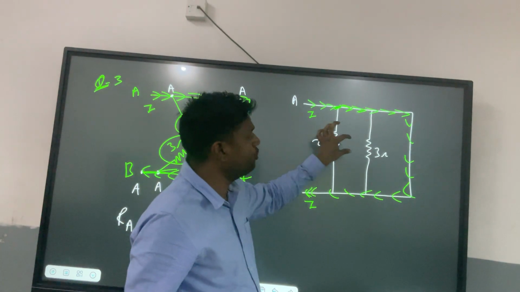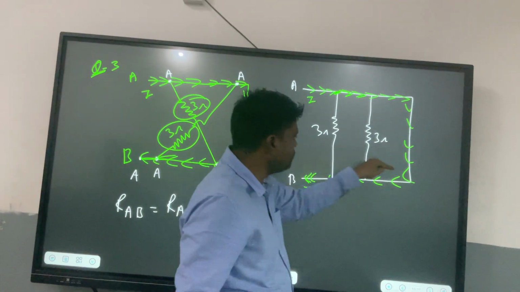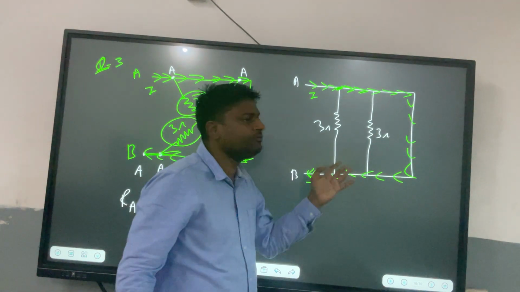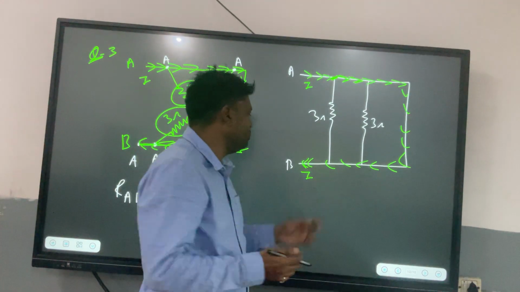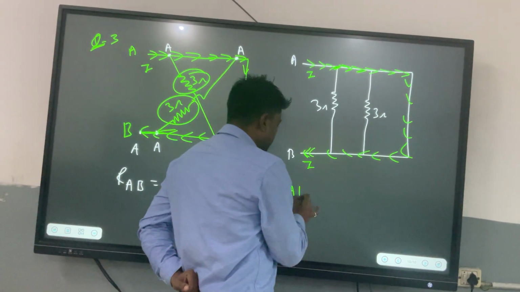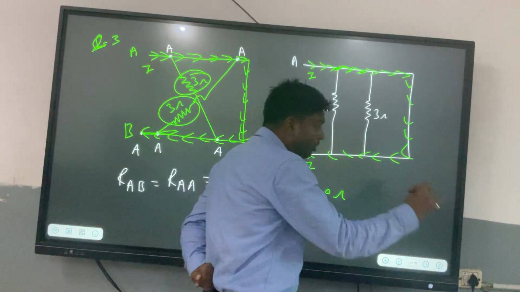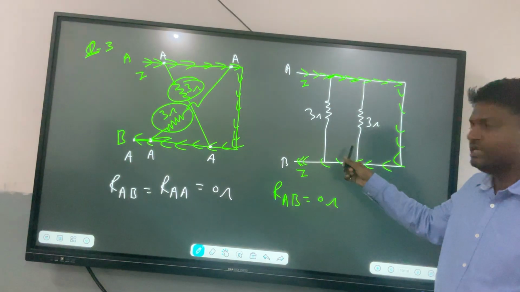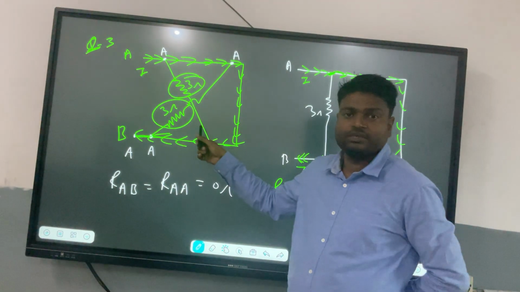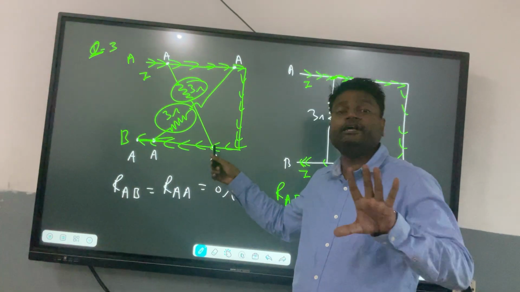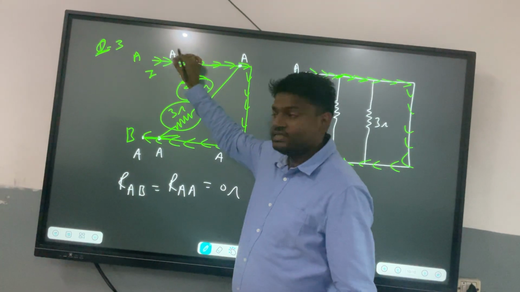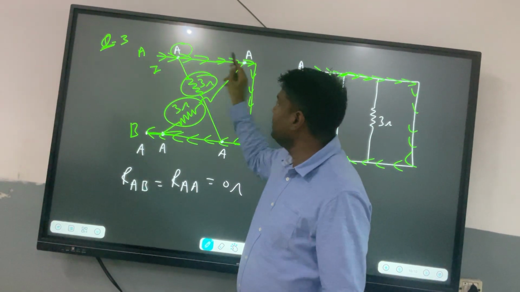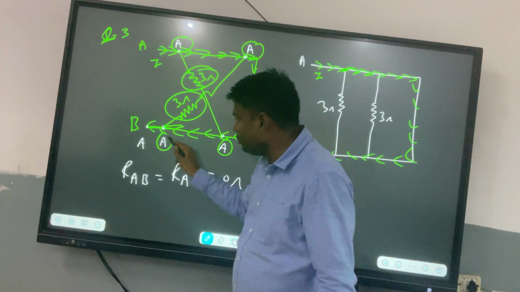Instead of flowing through this 3 ohm and 3 ohm, the complete current will follow the short circuit branch. These two bulbs will not glow. If they do not glow, they are not coming into the calculation. So the answer should be what? 0. This circuit we can easily solve, but when this circuit comes, it is always advisable to draw this circuit with the help of node numbering, node potential.